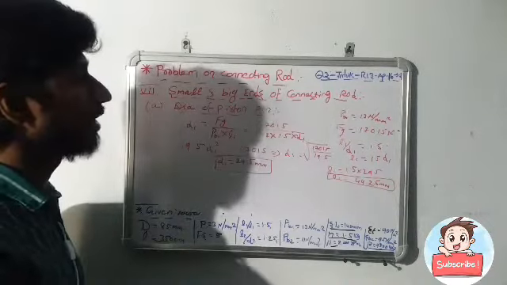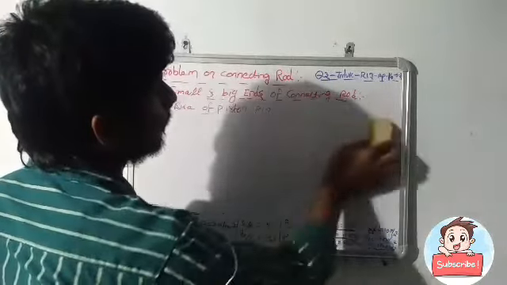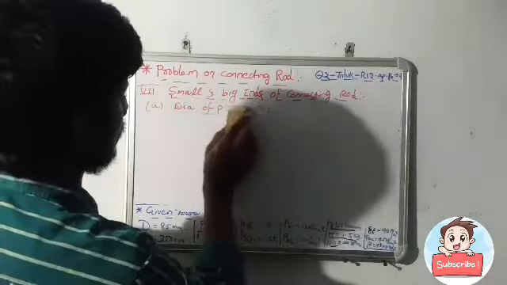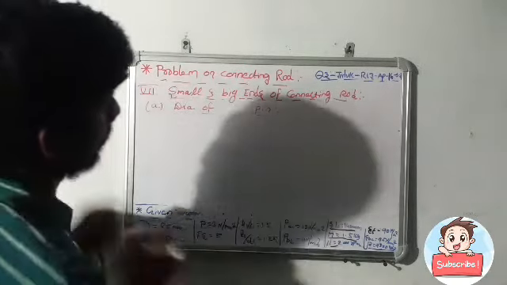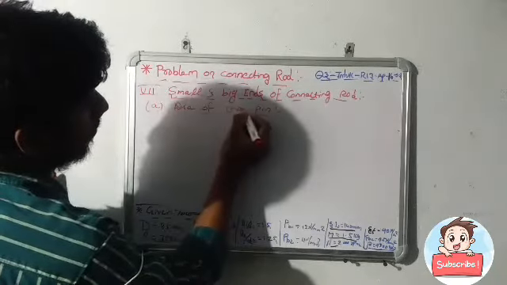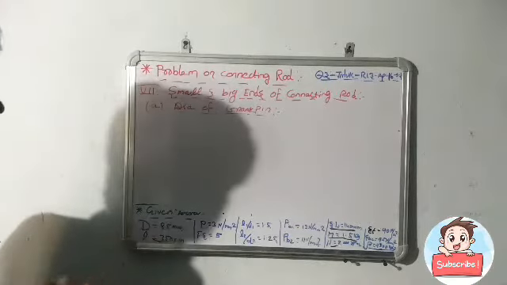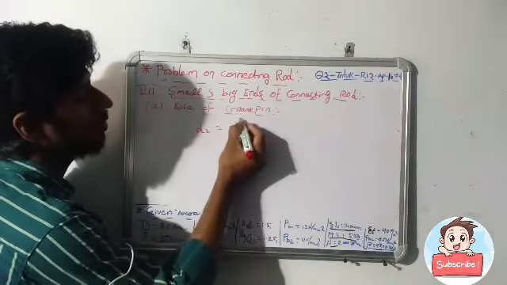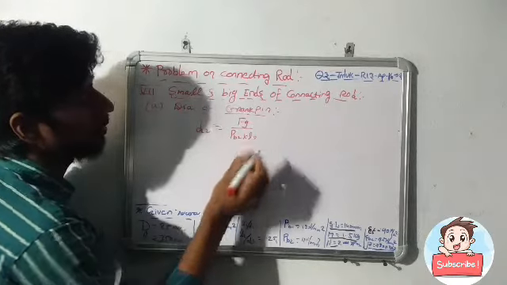And go to the next step, that is the diameter of crank pin. So it is denoted by small d2, that is equal to Fg by Pb2 into L2.